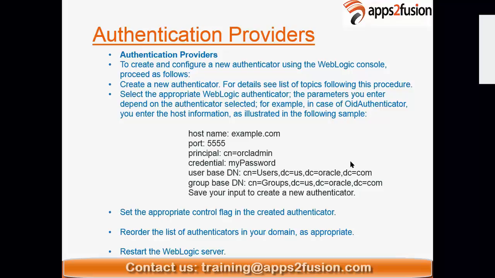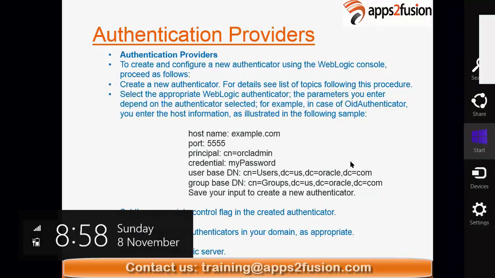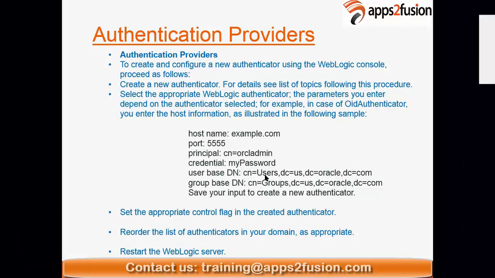Credentials, then your user base DN. All my users will reside under CN equals users, DC US, DC Oracle, DC com. This is an example. And my groups will be based under this, so you will be mapping these groups.